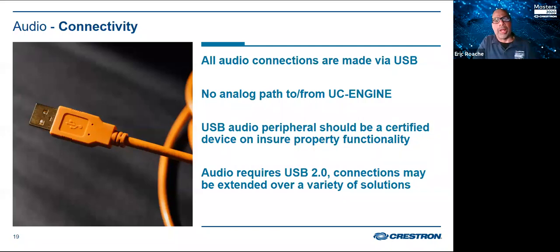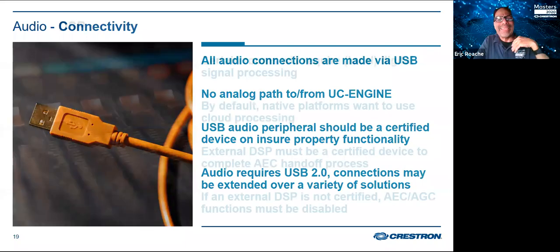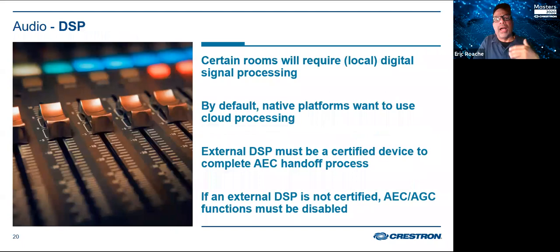If you're using a third-party USB device like a DSP, that DSP should definitely be set up correctly, or people on the far end might not be able to hear near-end participants clearly, and that external DSP should be a certified device because of the way AEC is handled in these native applications.